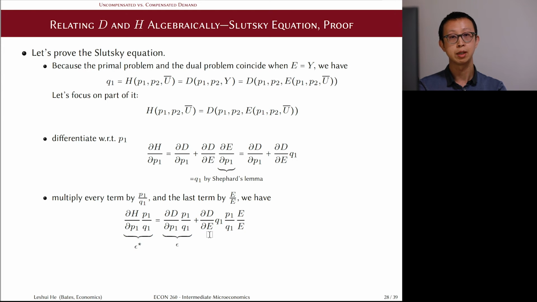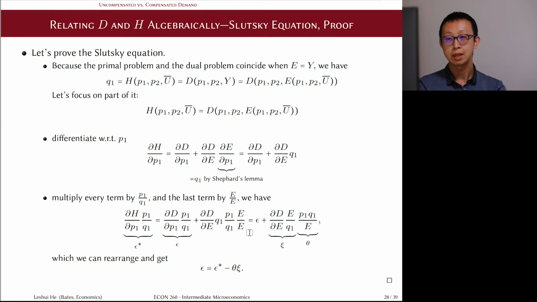And expenditure is the same as budget or income. So to write it into the form of income elasticity of demand, we need the ratio of E over Q1. But we already have Q1 here on the bottom, so we just need to make up an E out of nowhere. So let's use our trick of multiplying by 1 again, and multiply by this ratio of E over E.